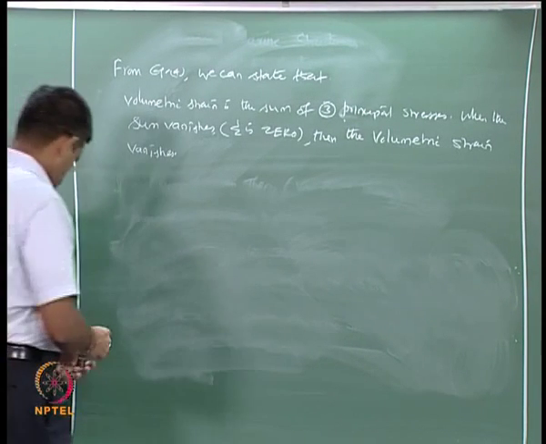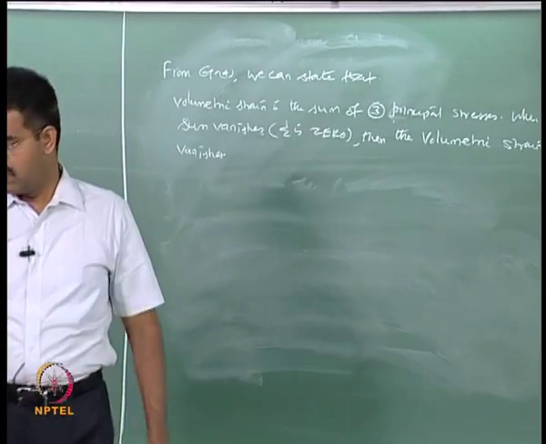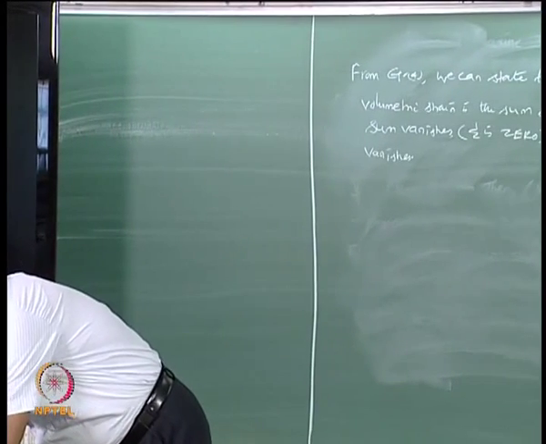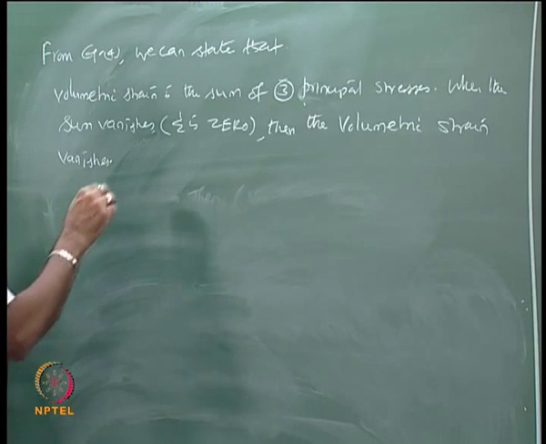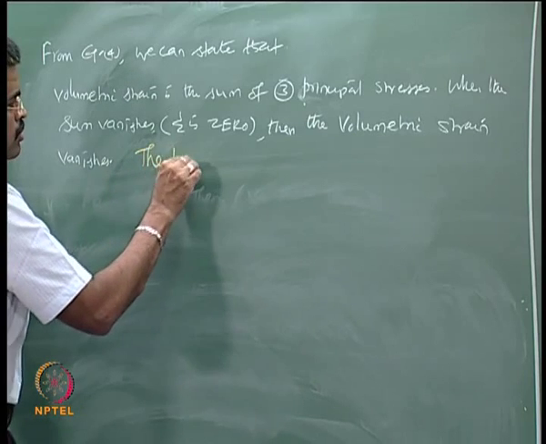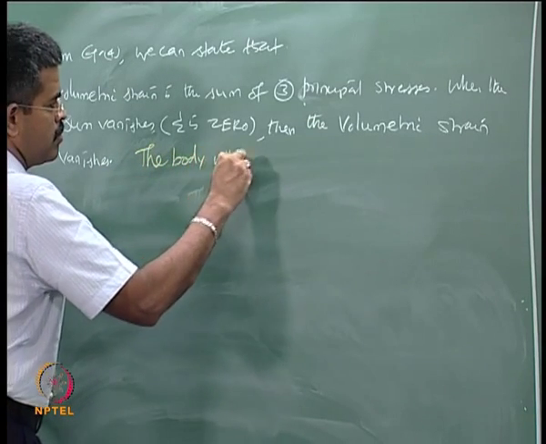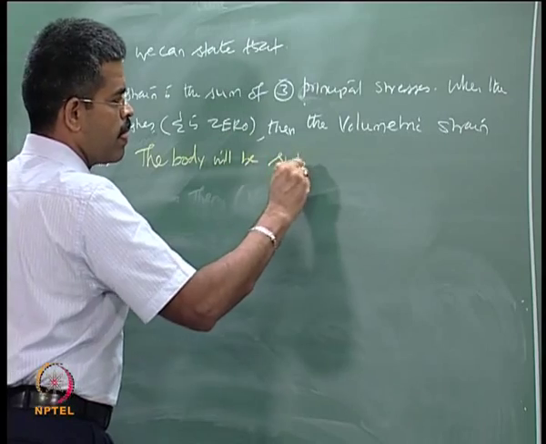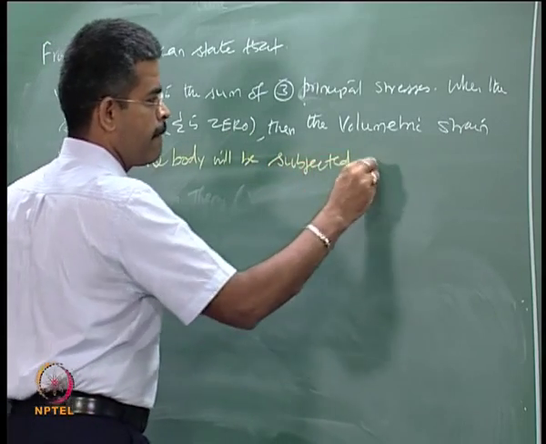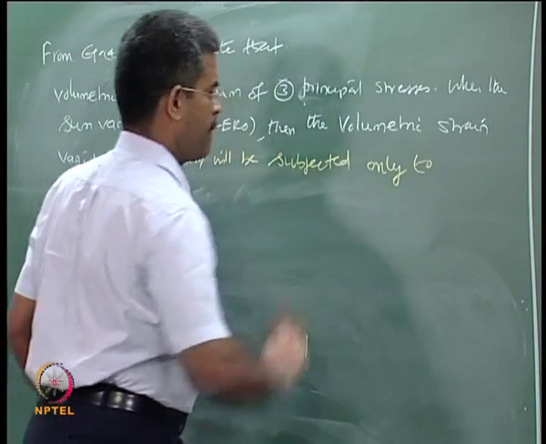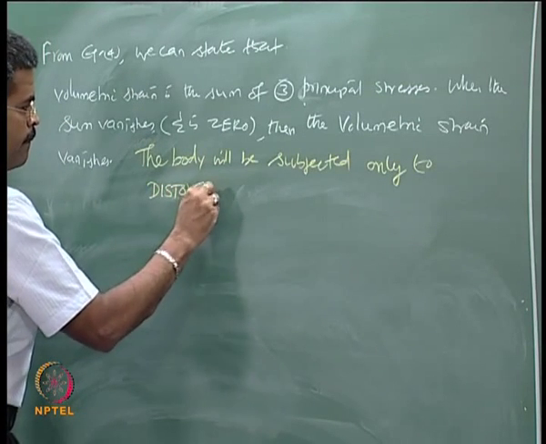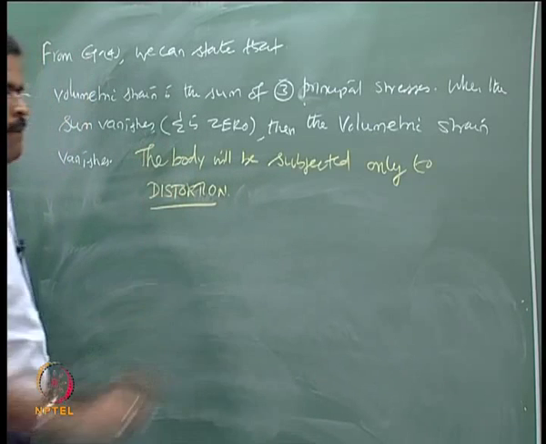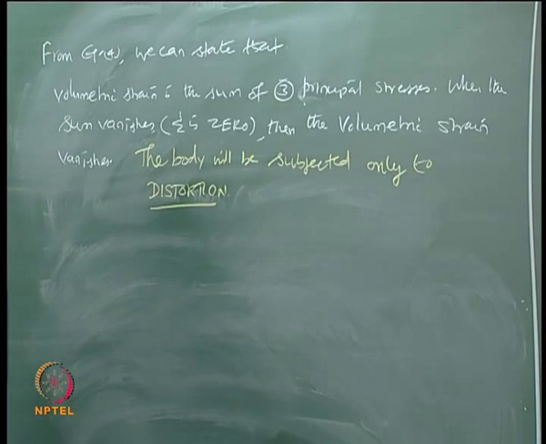So what does it mean? It means that the body will be subjected only to distortion. That is what it is. Volumetric strain will vanish.